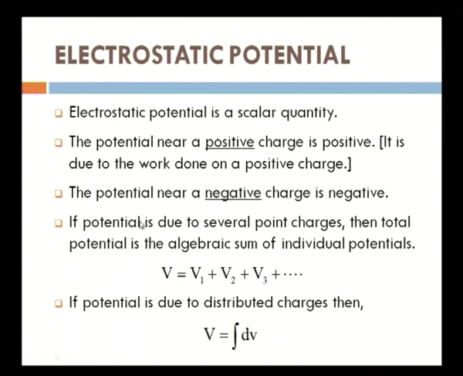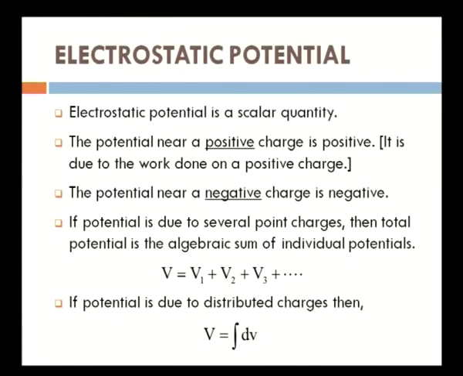So, that is why the word algebraic sum is used here, and if the potential is due to a distributed charge, the charge is just distributed over a particular conductor, then we have to take the integral for that. So, the total potential is nothing but the infinitesimal summation or the integral value of the potential due to small parts of the distributed body.